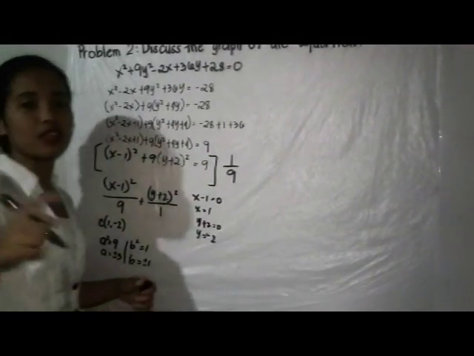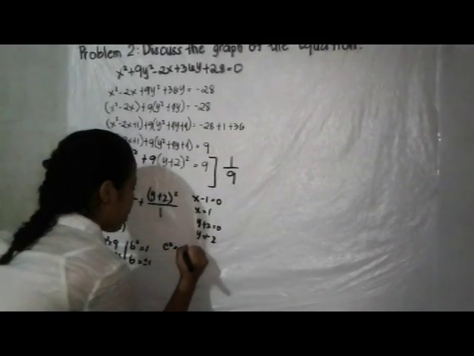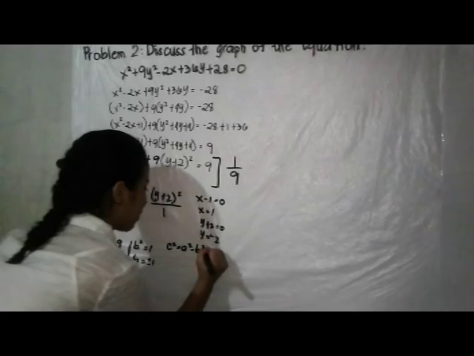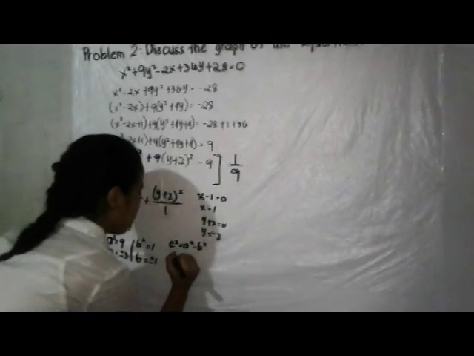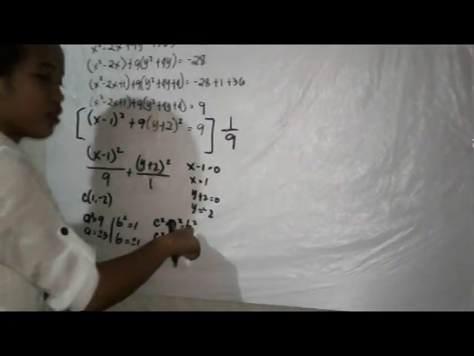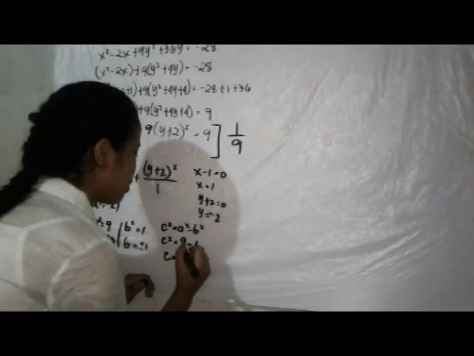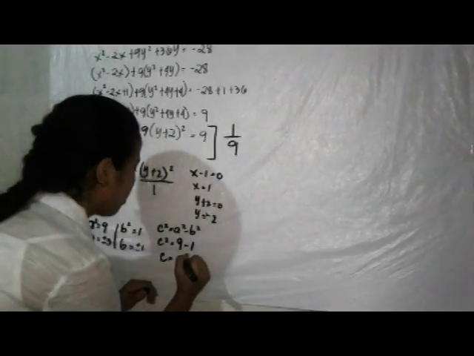Then proceed to find our c. In finding our c, let us use the Pythagorean theorem, which is c squared equals a squared minus b squared. Substituting, we have c squared equals our a squared, which is 9, subtract the value of our b squared, which is 1. So 9 minus 1 is 8.